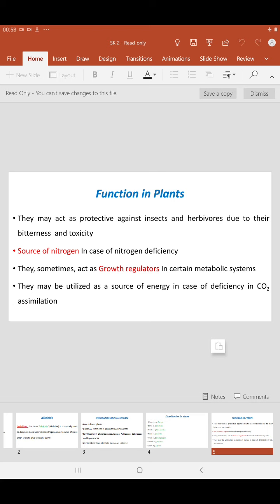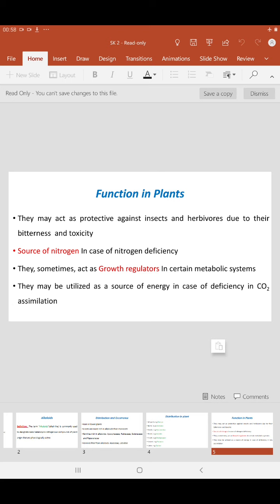They sometimes act as growth regulators in certain metabolic systems. That means in the plant metabolic system, they also act as growth regulators. They may be utilized as a source of energy in case of deficiency in carbon dioxide assimilation.